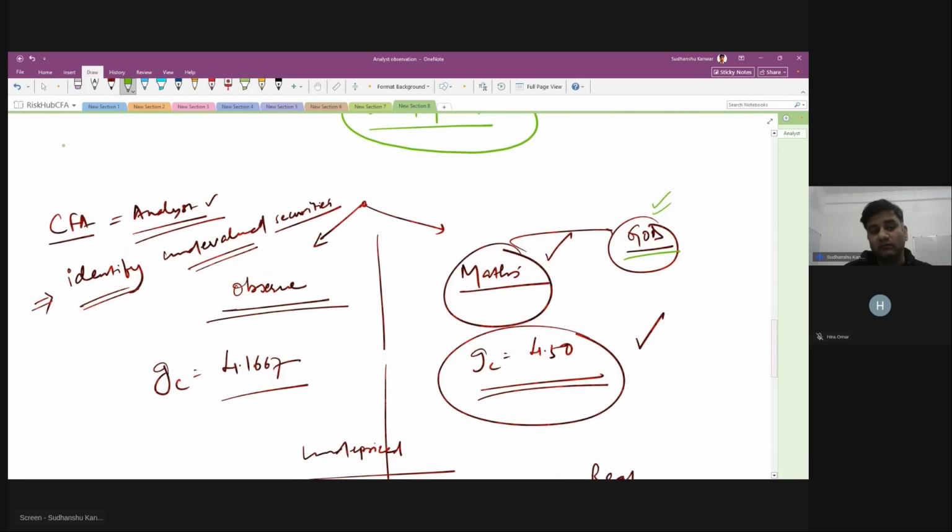Somebody can ask me, sir, why is the market showing something different? Because the market runs on emotions. There is every kind of investor in the market. The market has retail investors, professional investors, hedge funds, and pension funds also. The market has all kinds of people.